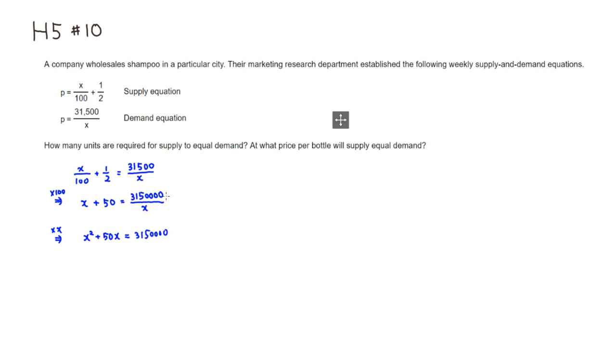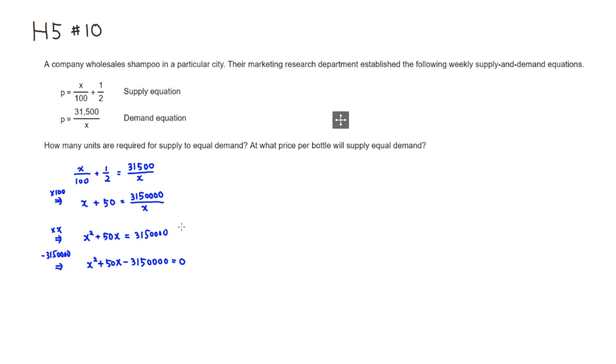Then it is already a quadratic equation, but I'm going to put everything on the left hand side. So you get x squared plus 50x minus 3150000 is equal to 0.